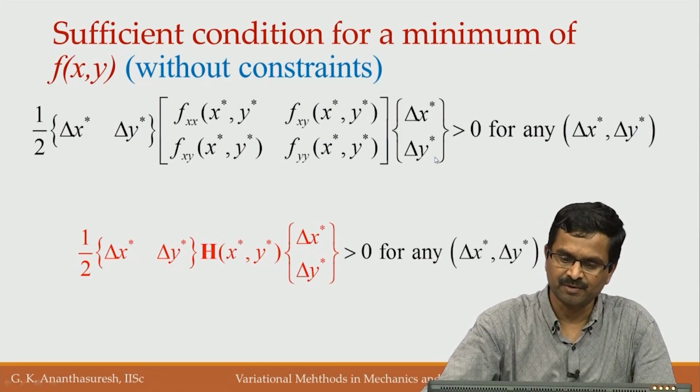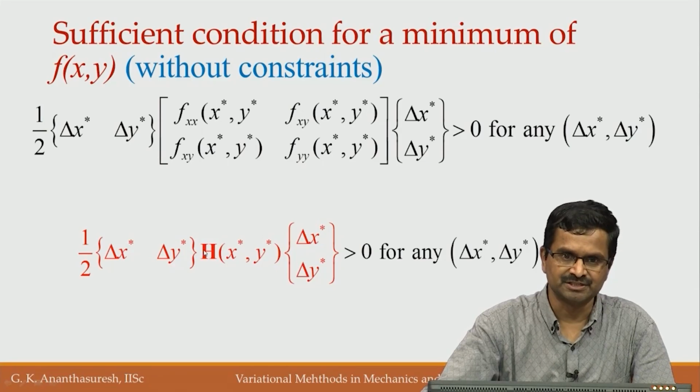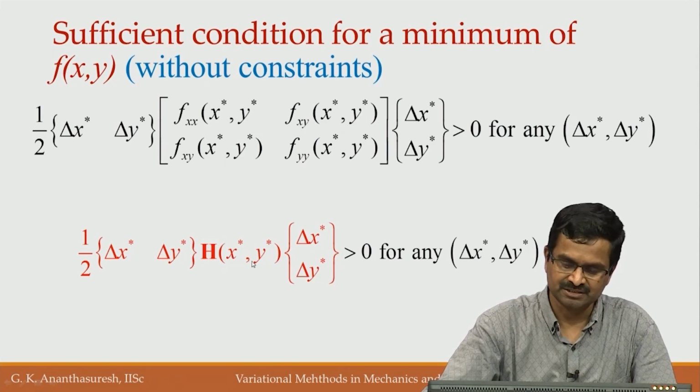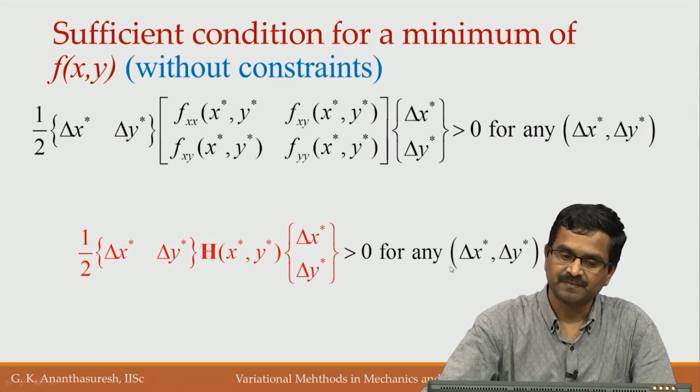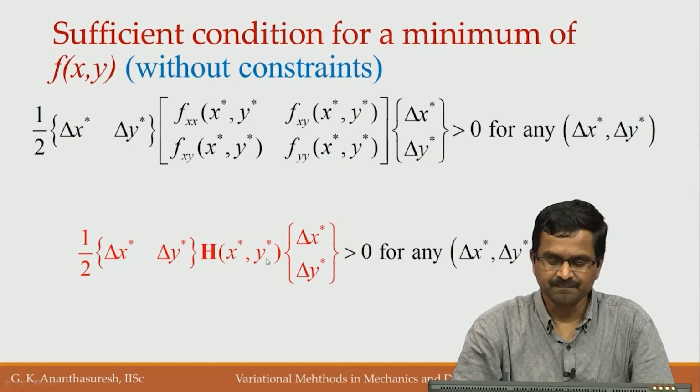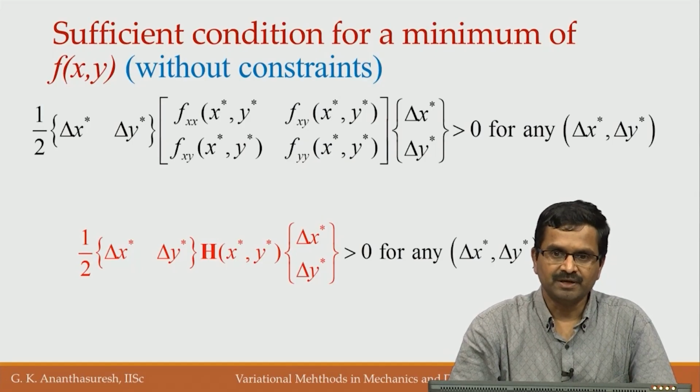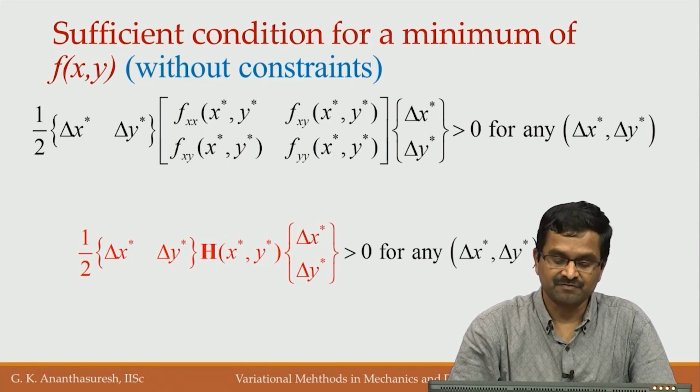If I take a 2 variable problem, these are the perturbations from x star and y star, with the row vector form of that, the column vector here, and the 2 by 2 matrix, which we call the Hessian, denoted by H, evaluated at the putative minimum x star y star. This should be greater than 0 for any perturbation. If that is the property of H, then we say that point, x star y star, is a local minimum and satisfies the sufficient condition.